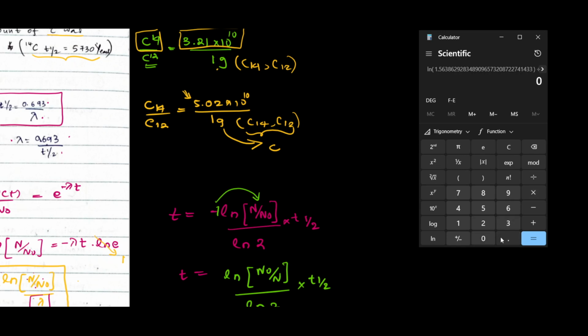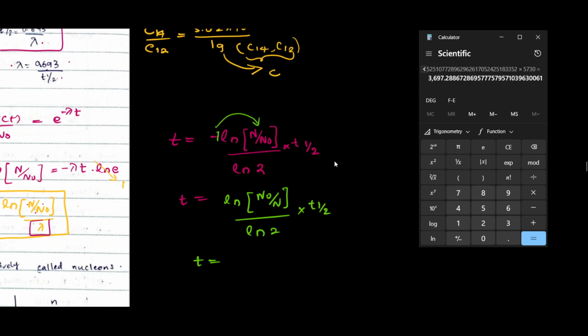This is divided by ln 2, which is 0.693, into the half-life that was given as 5730. So when we calculate, we get 3697. So I will consider it as 3700.